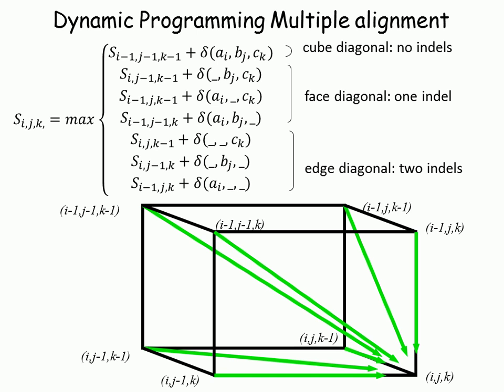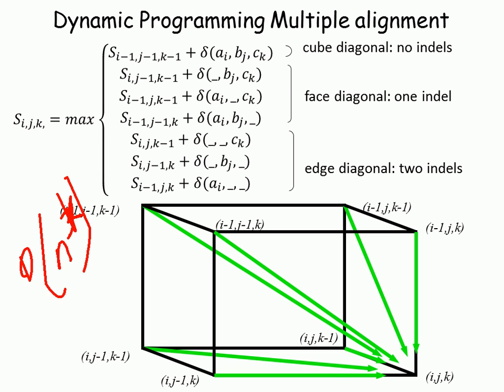All right. So what's the computational complexity of this algorithm? Let's say each sequence has n residues. It's n cubed, right? So let's call it k. If you have k sequences, each of them having a length of n, the computational complexity is O(n to the power k).